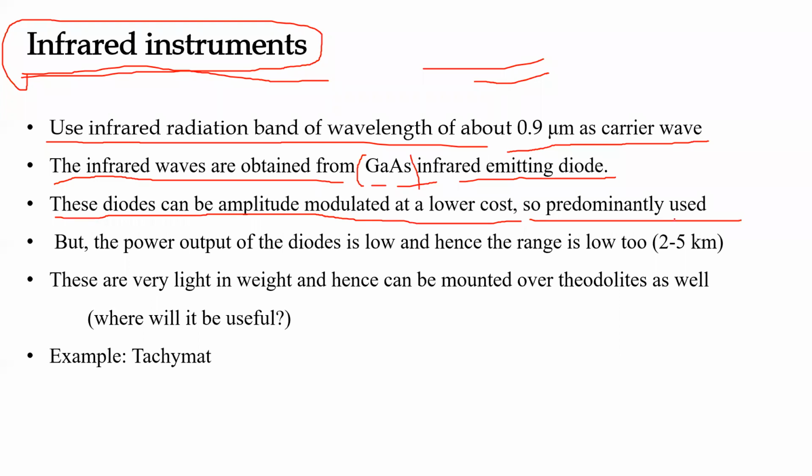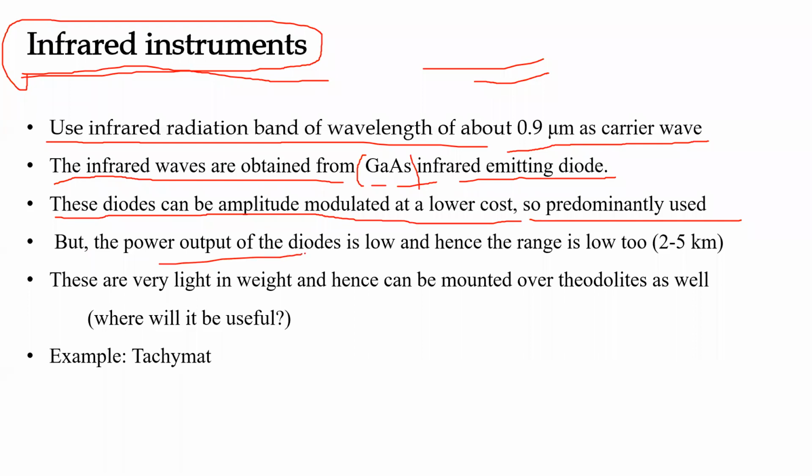While learning modulation, we have seen why amplitude modulation and frequency modulation are required. Since it can be modulated at a lower cost, in most cases it will be used because it will be cheaper. You don't have to waste much money just to modulate the waves.